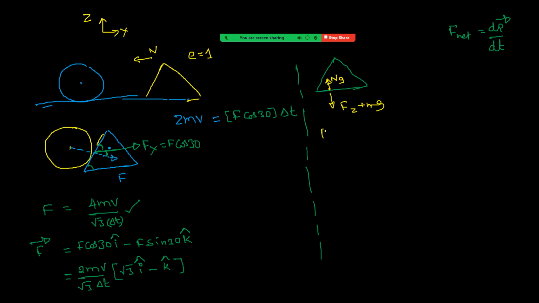That means F sin 30 plus mg is now equal to normal reaction from ground on the wedge, because wedge has no motion along vertical, right?